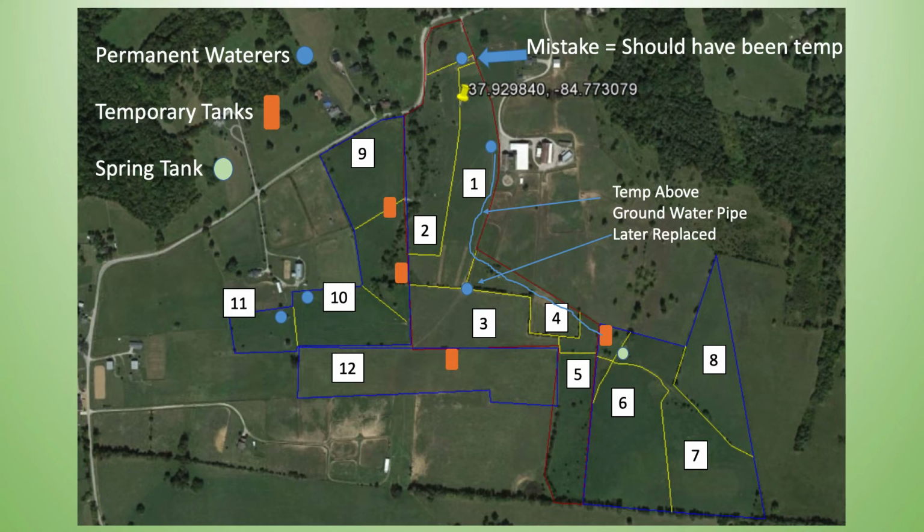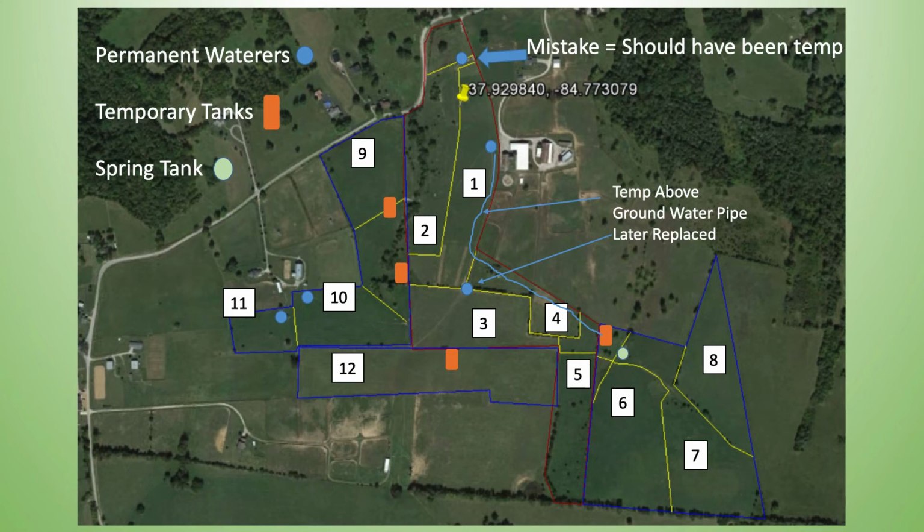The other thing that I didn't tell you about this field that kind of adds to the reason why that would be a mistake is that this up here is actually their receiving lot, right? So that's where the calves came in. It's where they kind of got them settled in and got them ready to turn out on pasture. So calves were only in here for a short period of time.